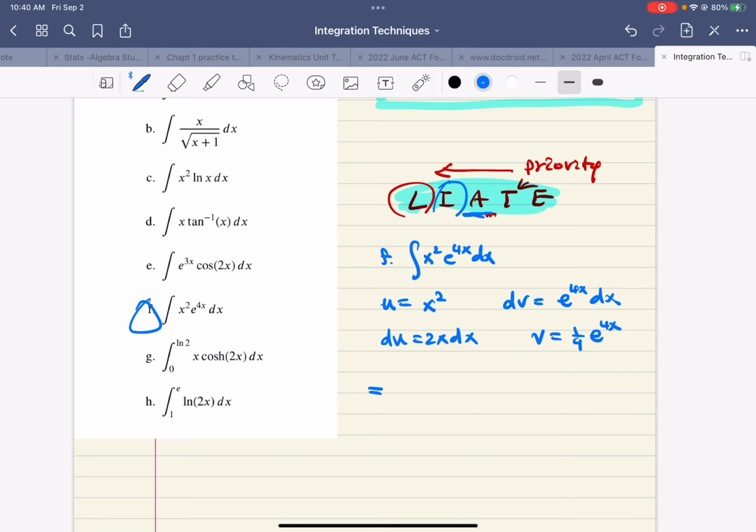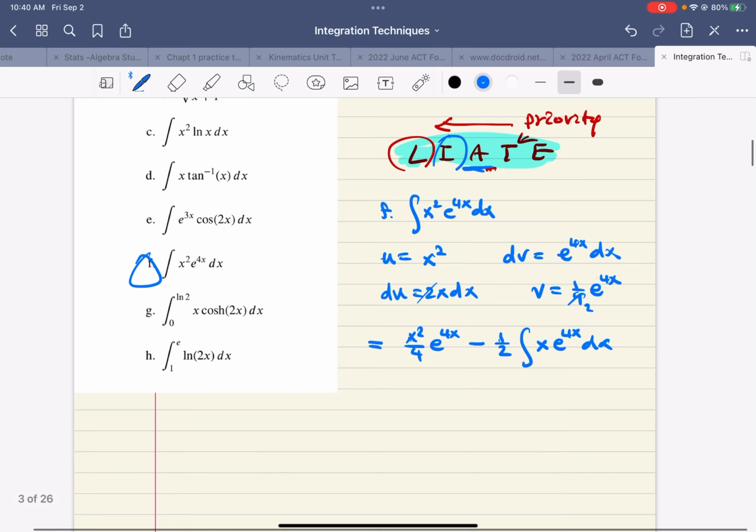So that will be uv, 1/4 x squared e to the 4x, minus integral v du. So take the 1/2 out, this one cancels. Integral x e to the 4x dx. All right, one more time, only that portion.